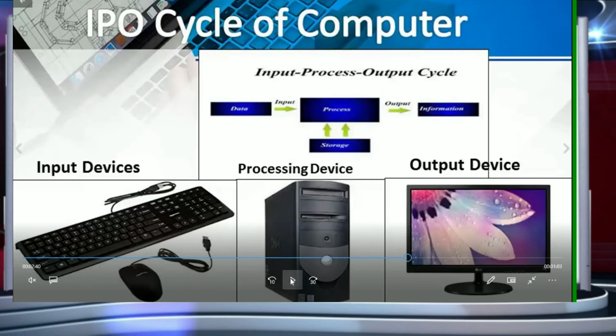Then we have the brain, that is the CPU, which is the major part of a computer system because it thinks and gives you the output. Then that output is displayed on the output device, maybe a monitor or a printer.